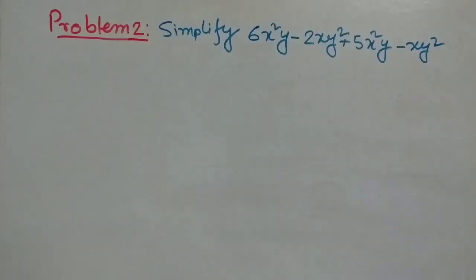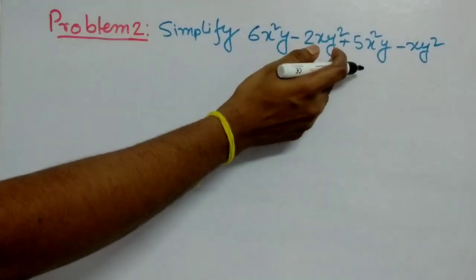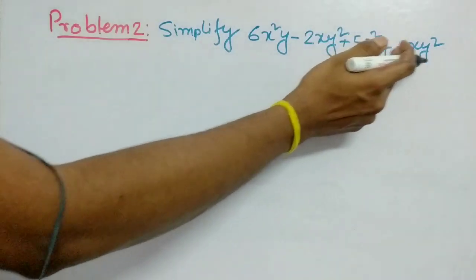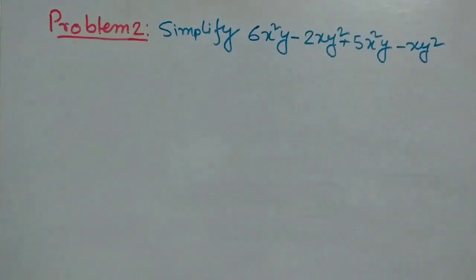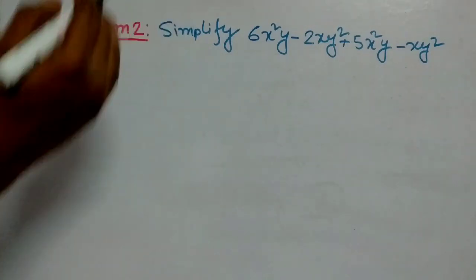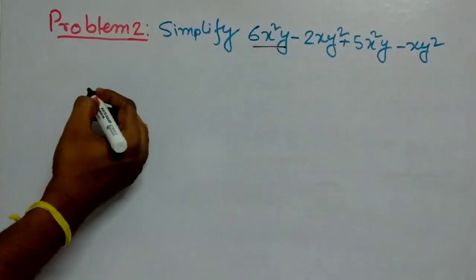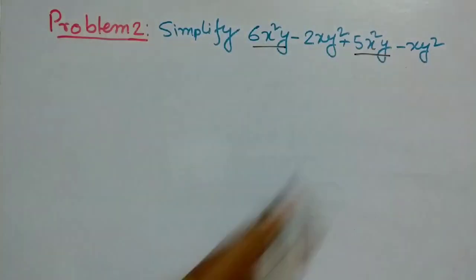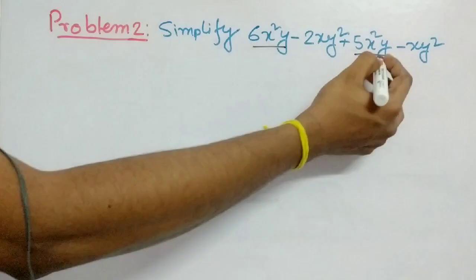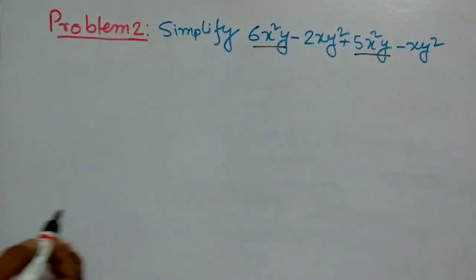The next question is simplify 6x square y minus 2xy square plus 5x square y minus xy square. So here we have to look for the like terms and we will put them in a bracket. Now 6x square y and 5x square y, so x square y, they are like terms. Let us put them in a bracket.